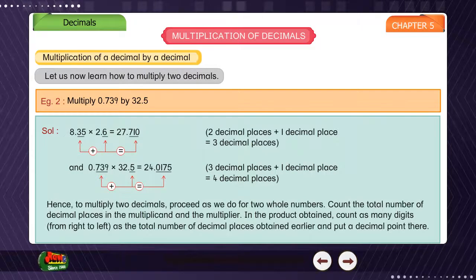Hence, to multiply two decimals, proceed as we do for two whole numbers. Count the total number of decimal places in the multiplicand and the multiplier. In the product obtained, count as many digits from right to left as the total number of decimal places obtained earlier and put a decimal point there.